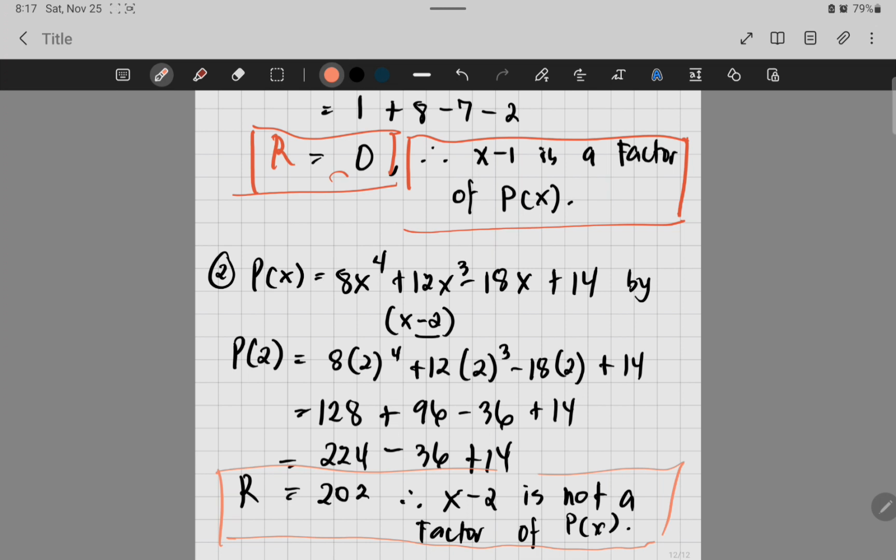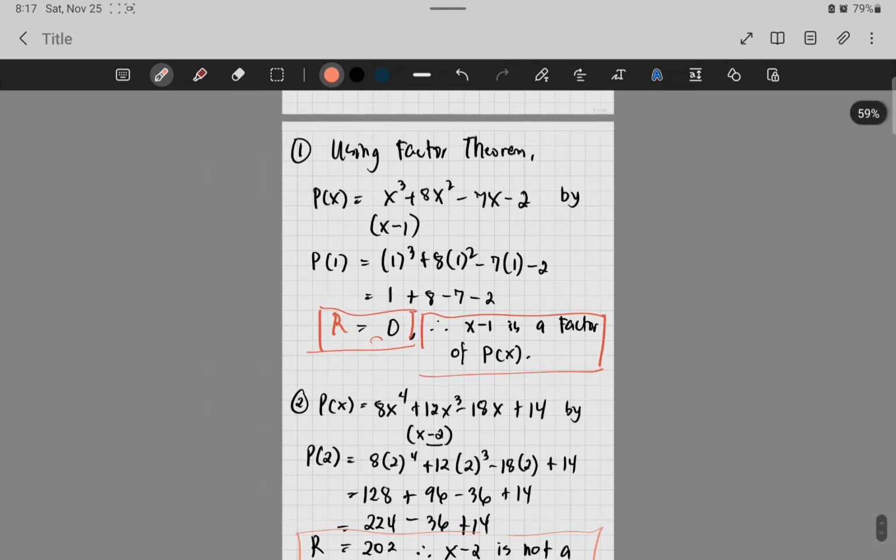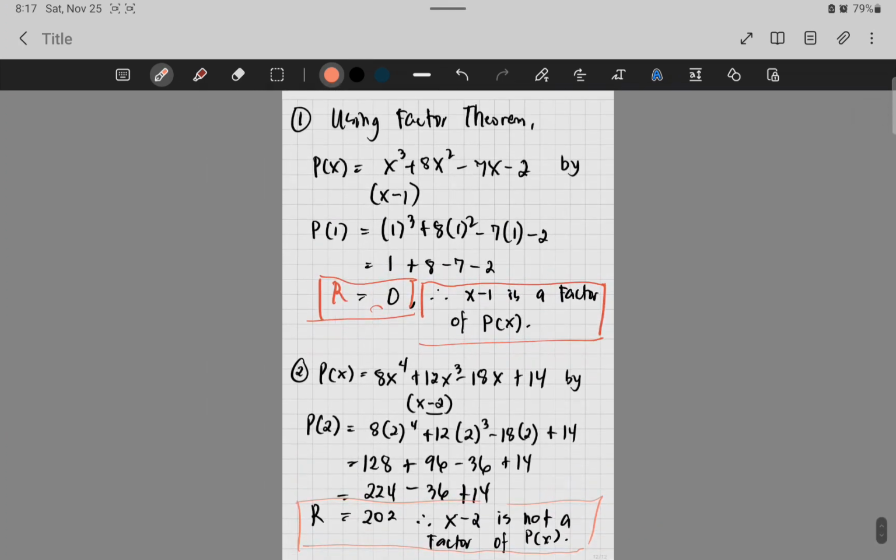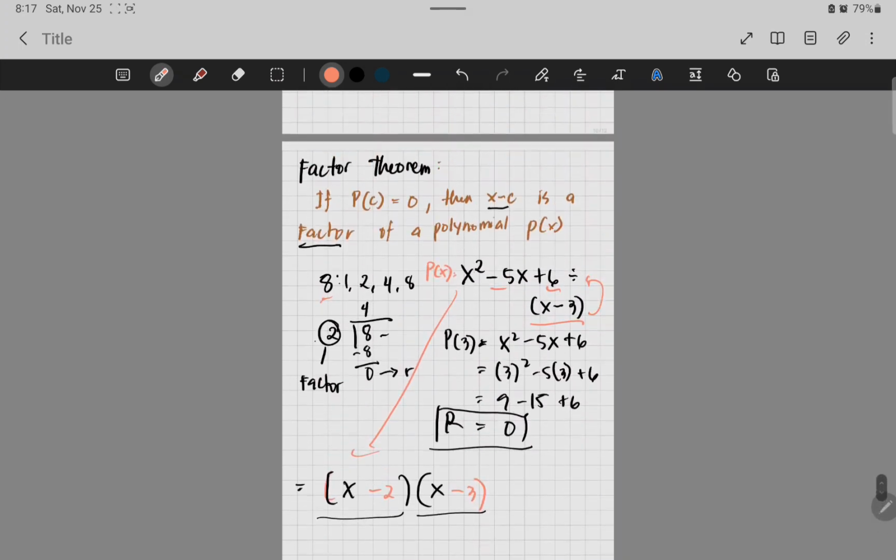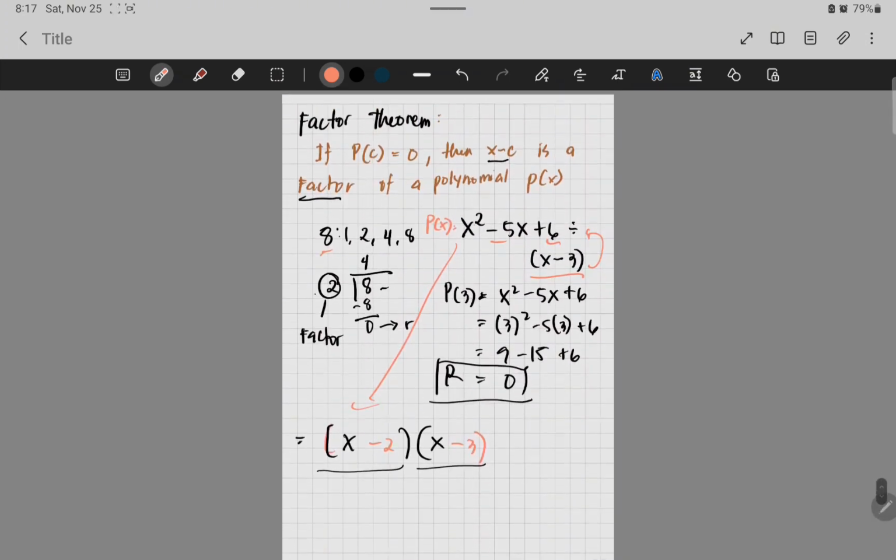Therefore, x minus 2 is not a factor of p of x. Okay, so again, in the factor theorem, it is the same process as the remainder theorem. The difference is you identify whether it is a factor or not a factor. Okay, so with that, thank you for finishing this video, and I hope you learned something about the factor theorem.